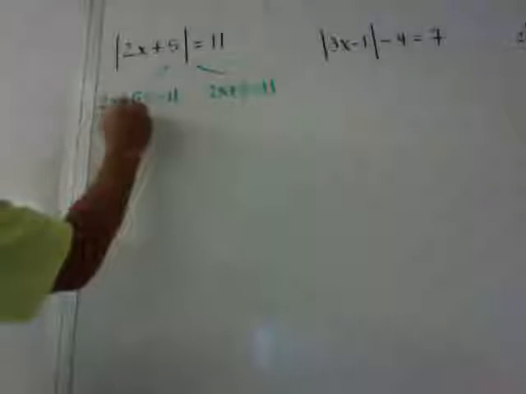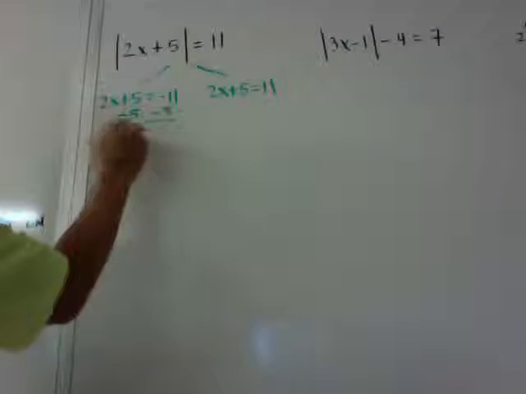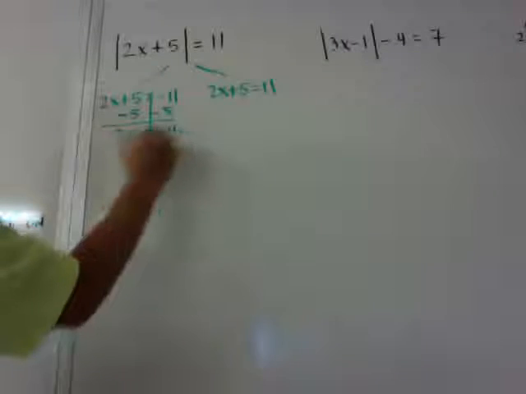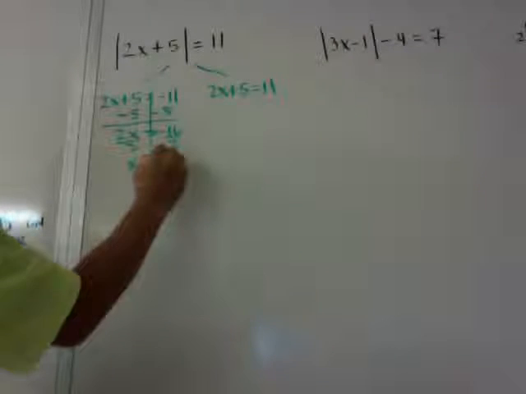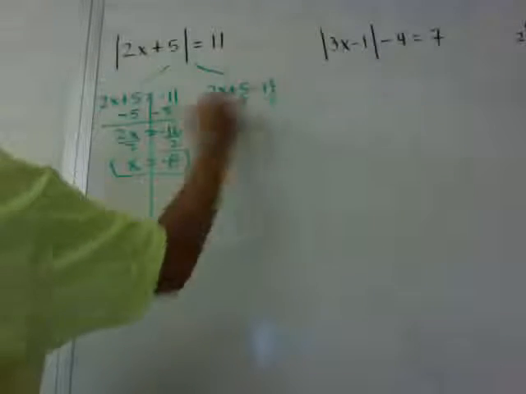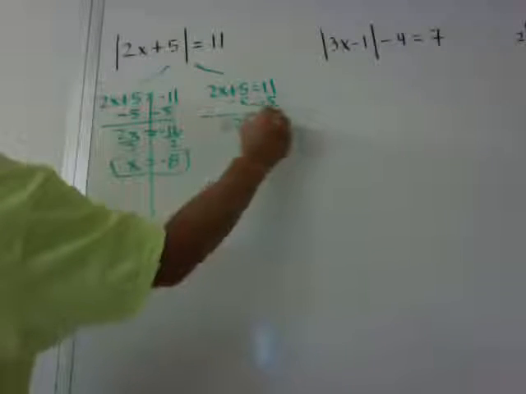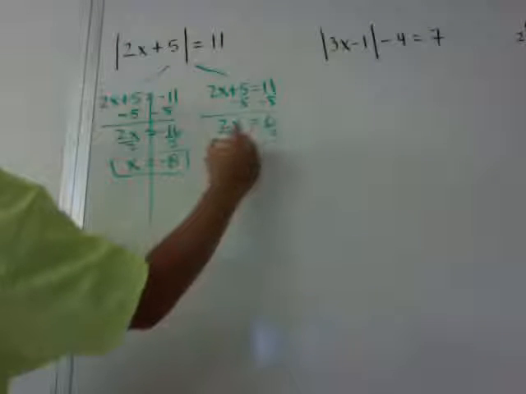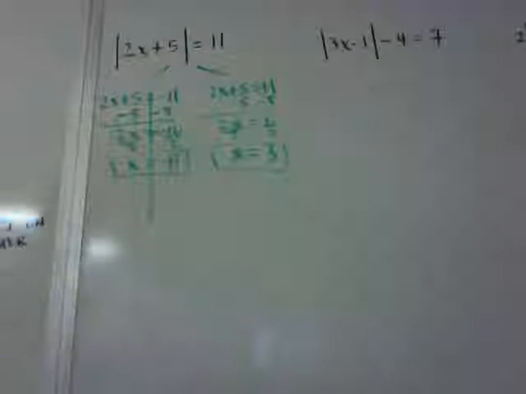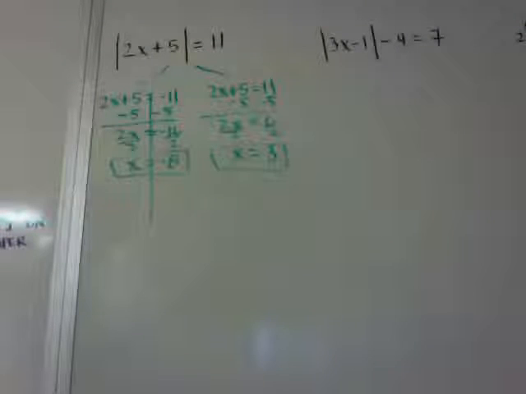I just solve them individually, and I get 2x is equal to negative 16, divide by 2, and x is equal to negative 8. Okay? And when I minus 5 on this side, I get 2x is equal to 6, divide by 2, and x is going to equal 3. So there's my two answers. Instead of having plus and minus, I have two different answers.